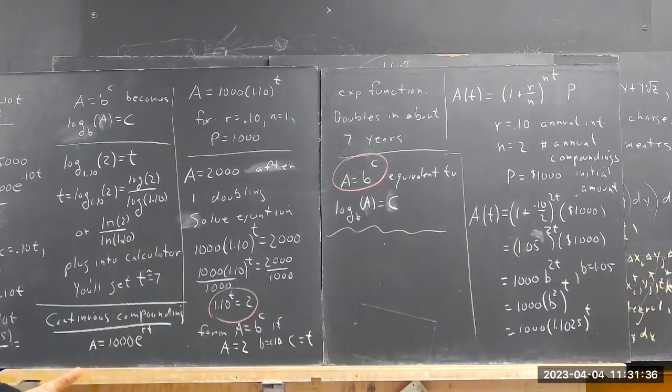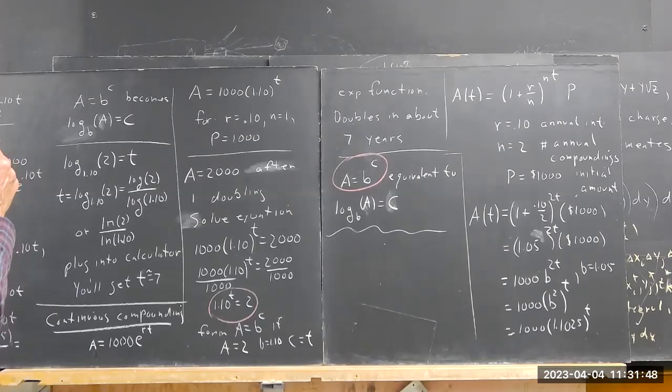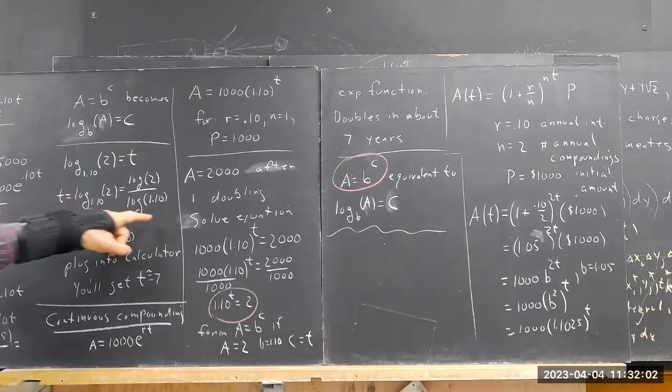Now you probably want to get a number out of this. That's where your calculator comes in. You can't calculate that any more than you can calculate 2 to the 1/2. 2 to the negative 1/2 would be even worse. There's a rule that says then that the log to the base B of a number is the log of that number divided by the log of B. Very simple rule.